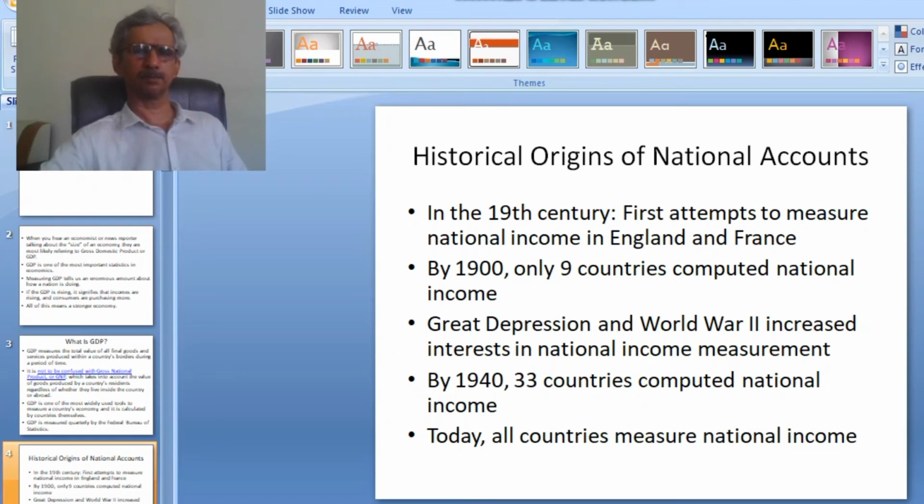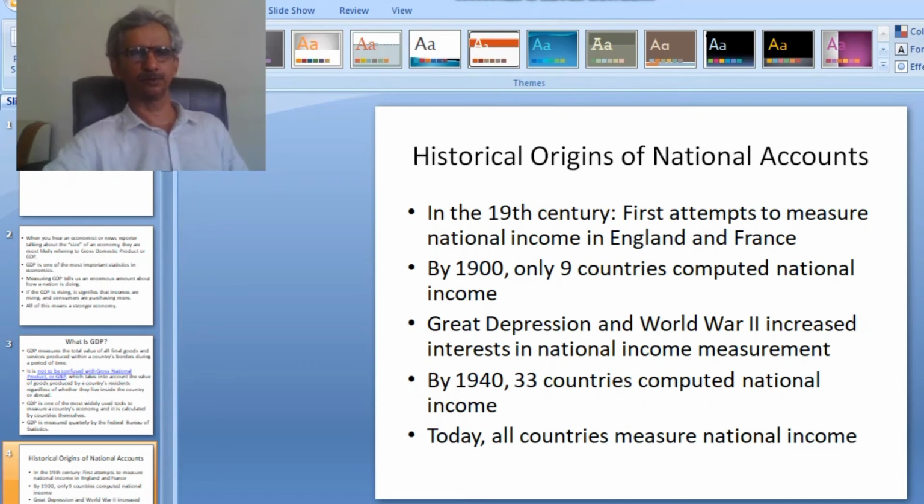But the Great Depression of the 1930s and World War II increased the interest of countries in national income measurement. During the Great Depression, economists, especially Simon Kuznets and Richard Stone, suggested that countries measure their macroeconomic data.